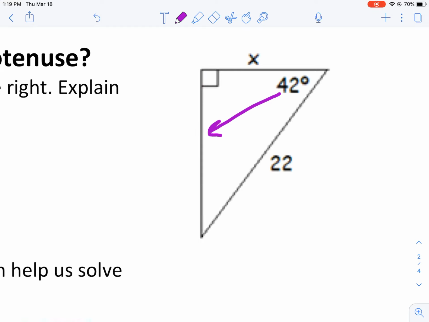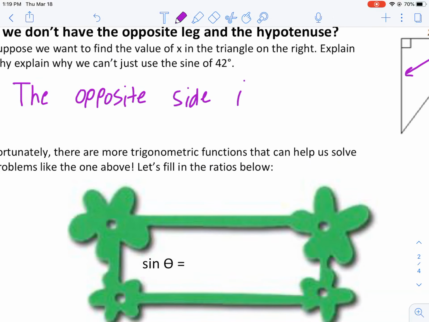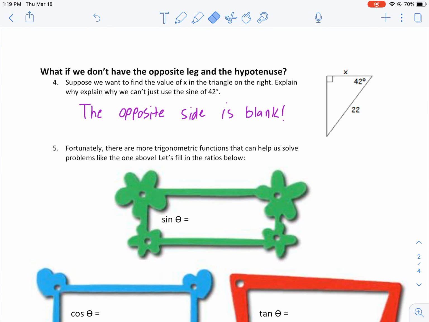So we actually can't use sine here at all. So that's why we need other trig functions.